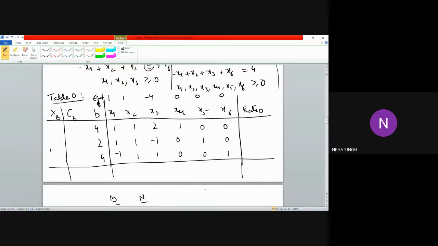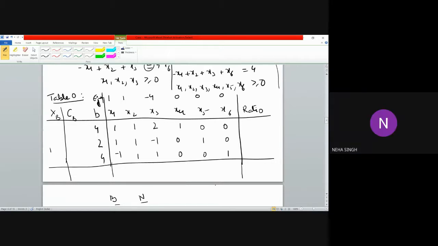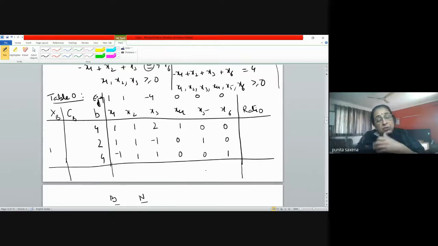Ma'am, 2 dimension. I'm not talking about order. What kind of matrix? Ma'am, singular. No, one whose determinant is non-zero. Only then will the inverse exist. I'm saying, which matrix is the easiest to compute the inverse?